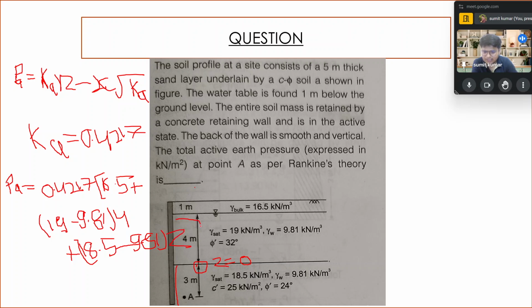Okay, our bracket gets closed. Minus 2 into 25, that is c, into root K, that is root 0.4217.